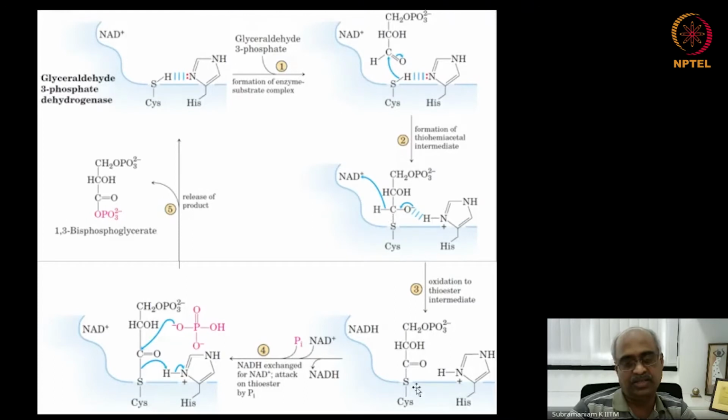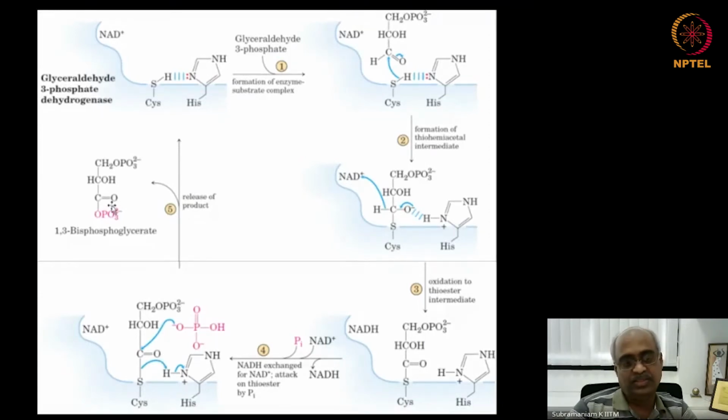So essentially this thiohemiacetal oxidized to thioester gets phosphorolyzed, instead of hydrolysis. So it is exchanged with this. So you have a mixed anhydride, carboxylic acid, and then the inorganic phosphate. So you end up getting 2 phosphates.